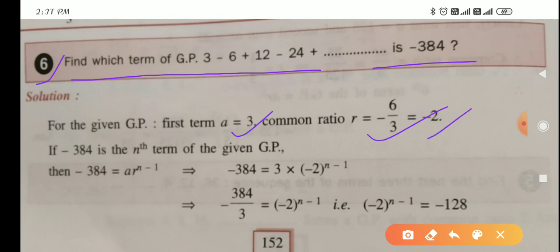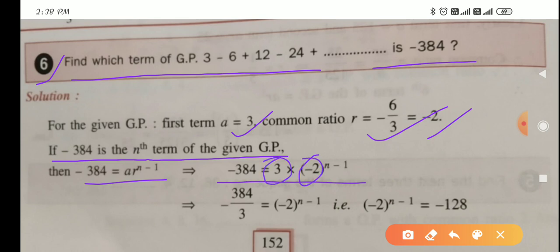Suppose this minus 384 is the nth term. If minus 384 is the nth term of the given GP, they are writing a r to the power n minus 1 equals minus 384. Now the value of a you can put 3, and the value of r, minus 2, you can put.